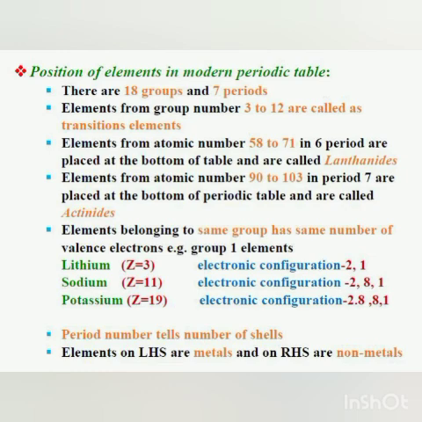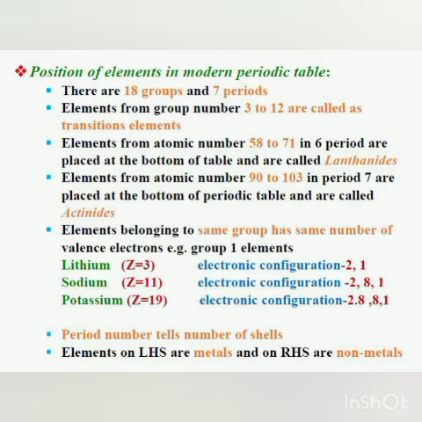Now you will see in the periodic table that the elements of group 3 to 12 are called transition elements. Okay. Now again you see in the sixth period that the elements from atomic number 58 to 71 are placed at the bottom of the periodic table.